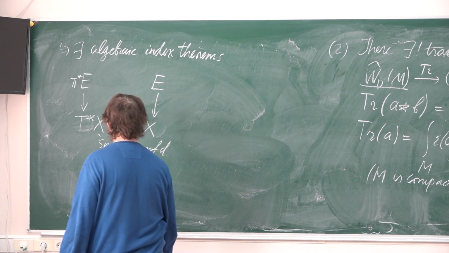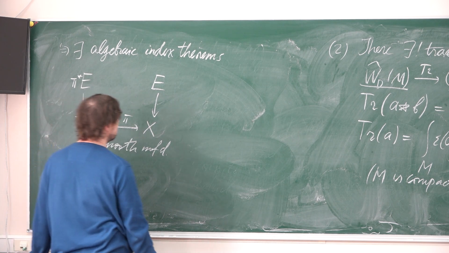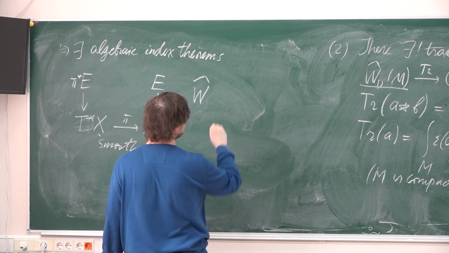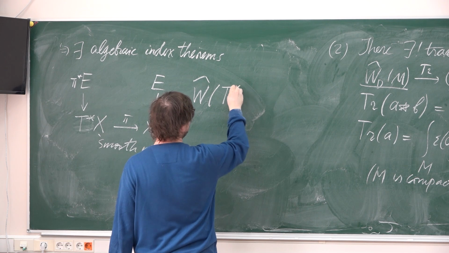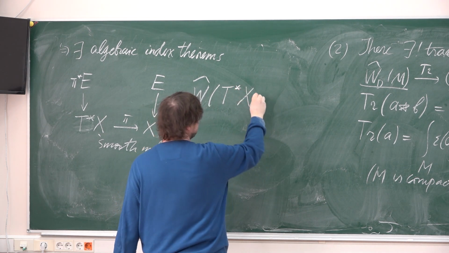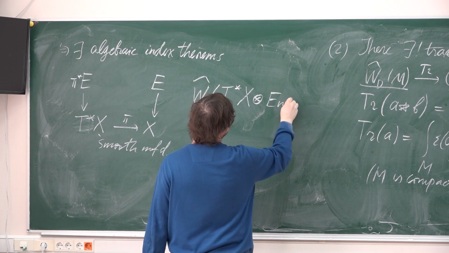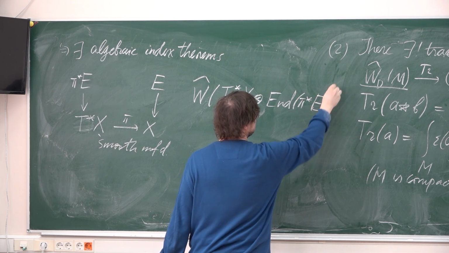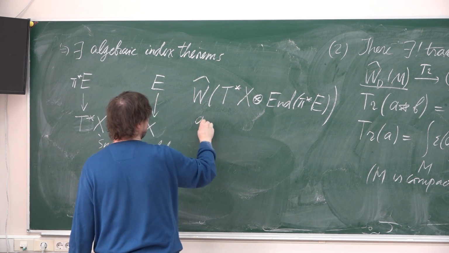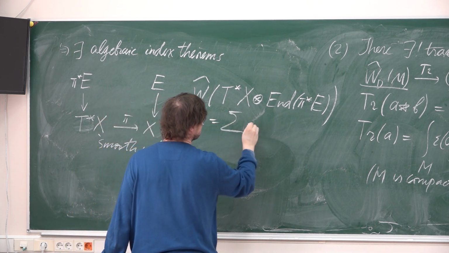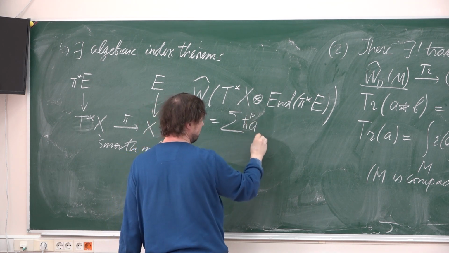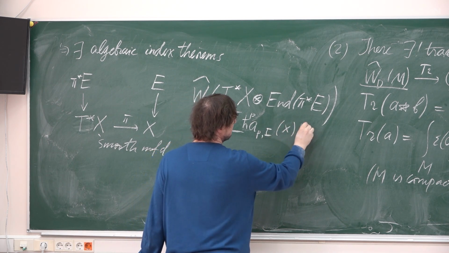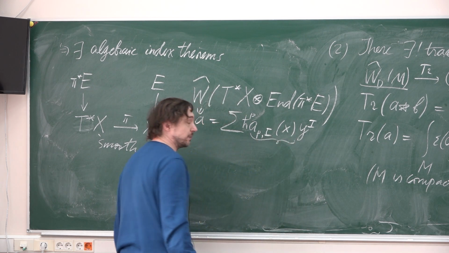Then you can consider the Weyl algebra bundle on T*X with coefficients in the endomorphisms of the pullback of E. So locally, any section here will look like a formal sum of elements like this. But this time, this will be a matrix valued function.